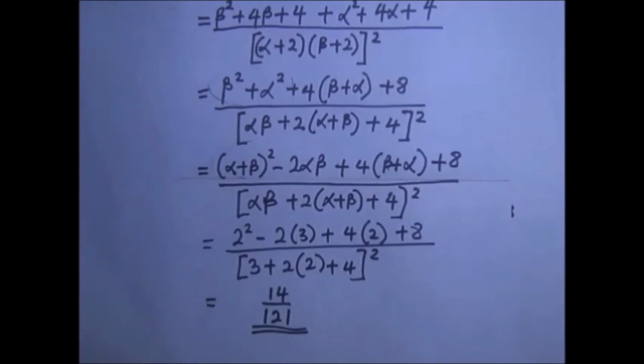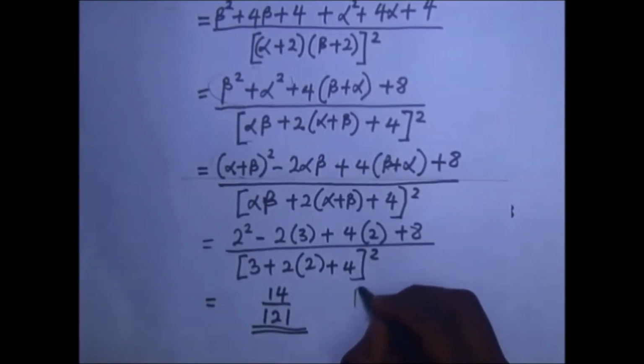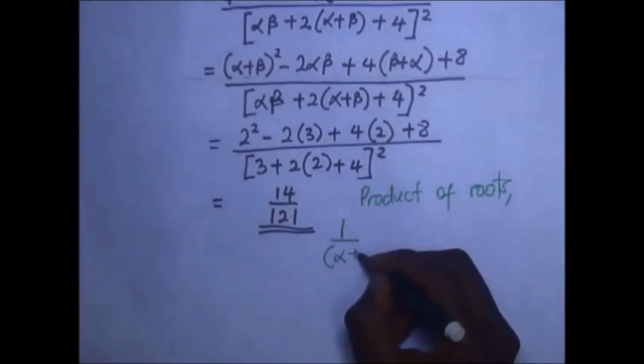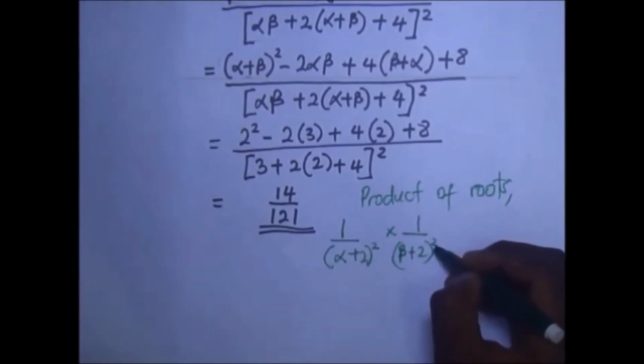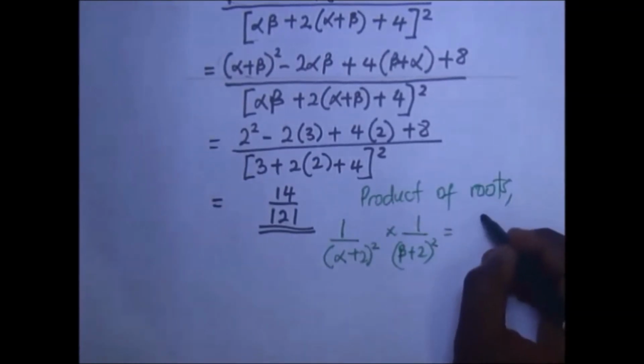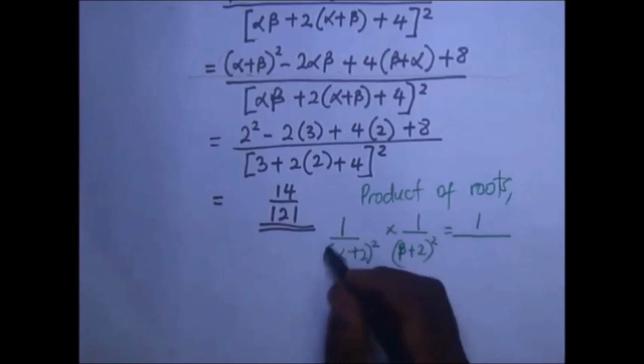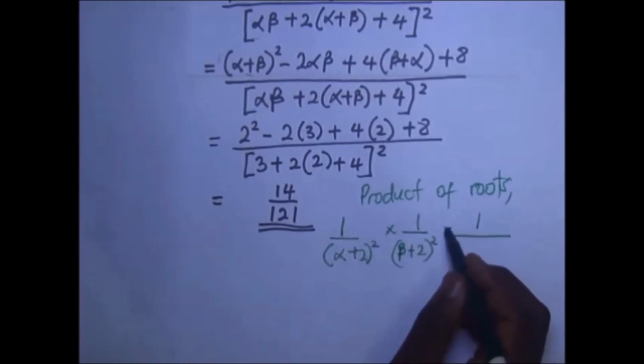After finding the sum of the roots, we get the product of the roots. So product, that is going to give us 1 over this times that. Let's do it down here. That's the product.